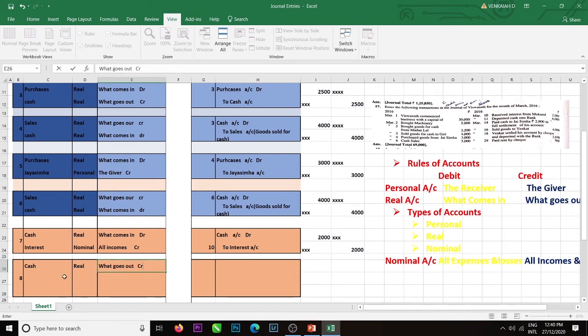Credit. Another one is bank, also a real account. Bank is getting the cash, so in the bank, cash is coming in. What comes in? Debit. So I have to record the transaction: debit is bank account, to cash account.